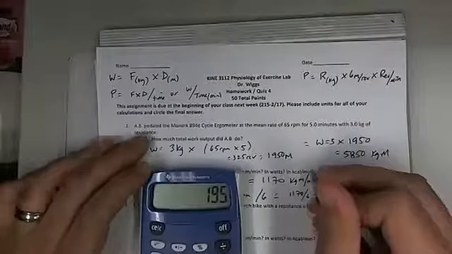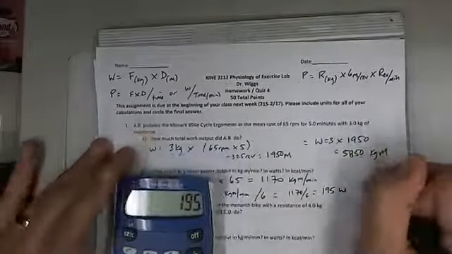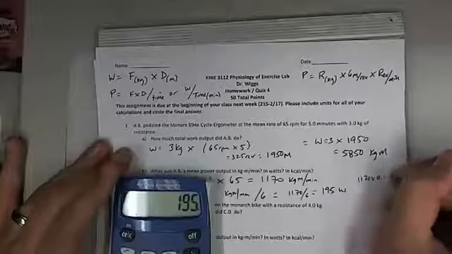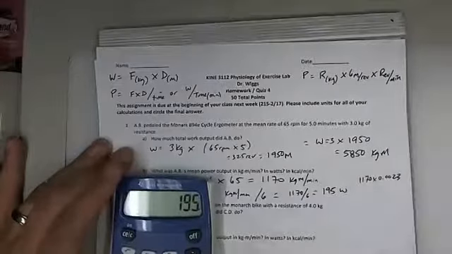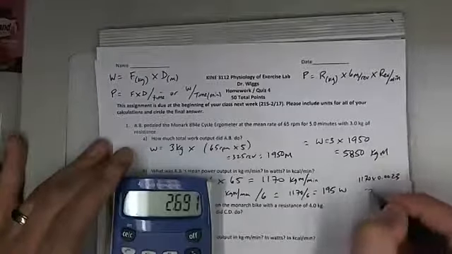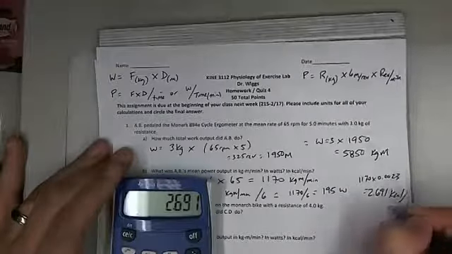And then our kcals per minute, we're going to use this formula here. So kcals, 1170 times 0.0023 is 2.691 kcal per minute. Running out of room here.